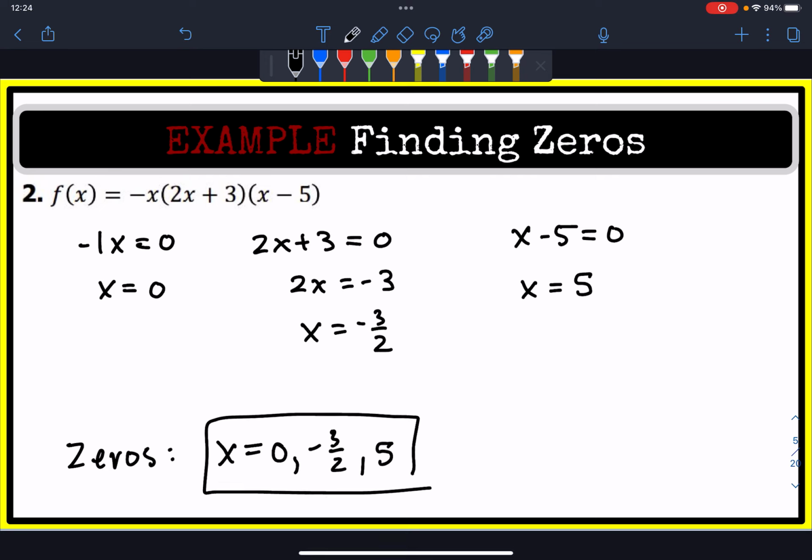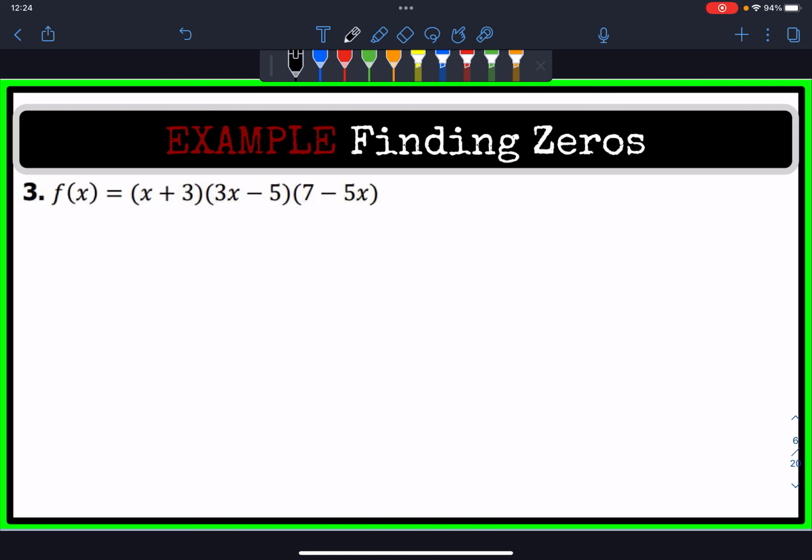Cool. Very, very cool. All right, let's look at example number 3. Well, here, x plus 3 is 0 when x is equal to positive 3. 3x minus 5 equals 0 when x is equal to positive 5 divided by 3. And the last one is a little tricky one. So let's write it down.